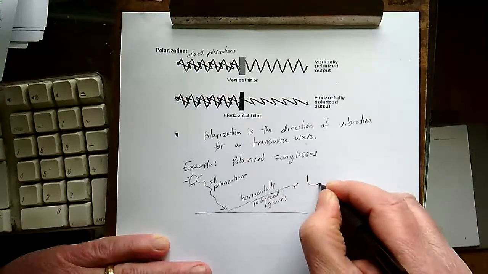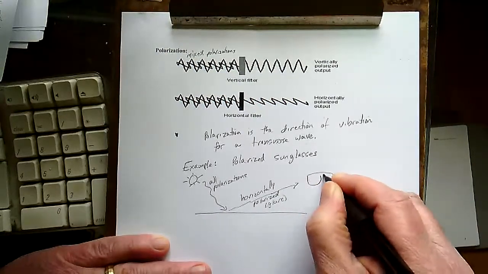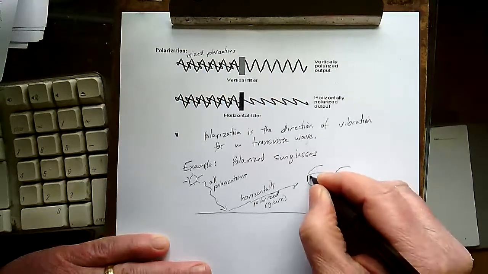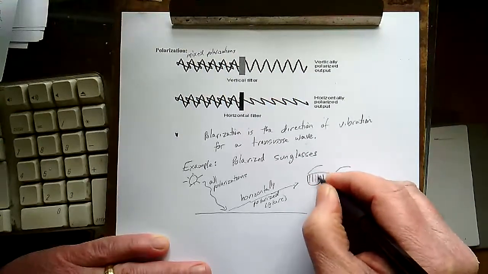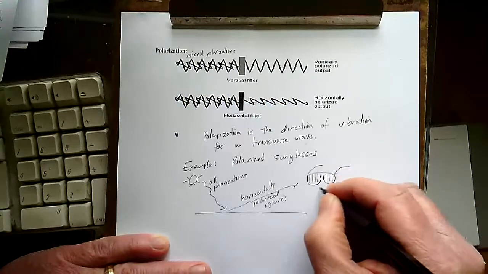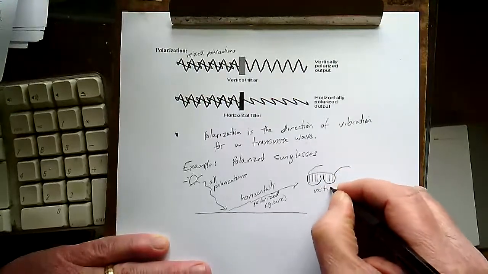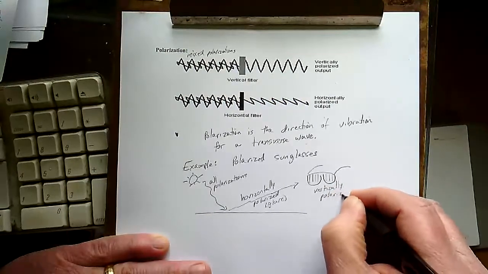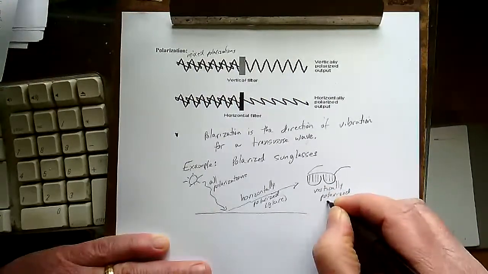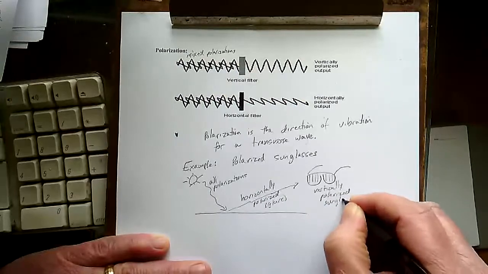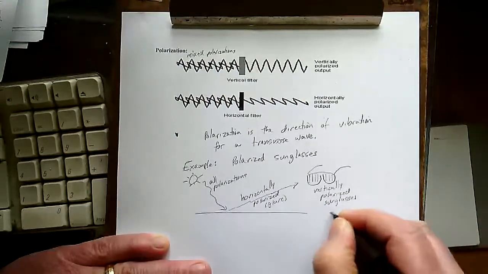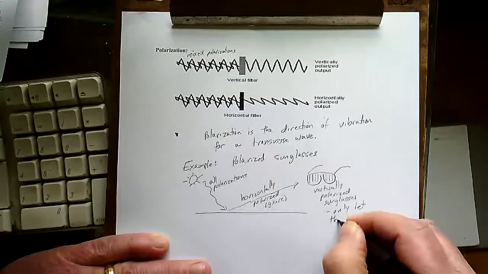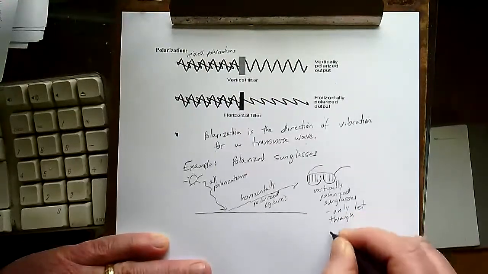Now, if I was to sketch what polarizing sunglasses look like, they would be vertically polarized. Okay, and they only let through vertically polarized light.